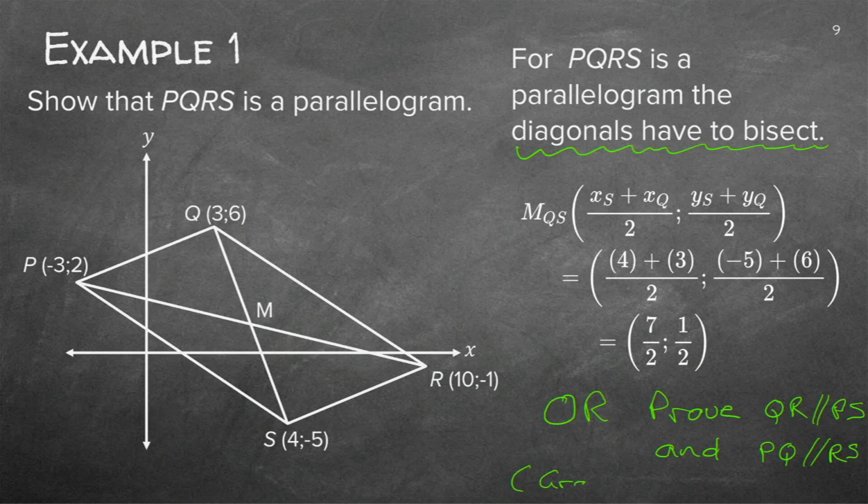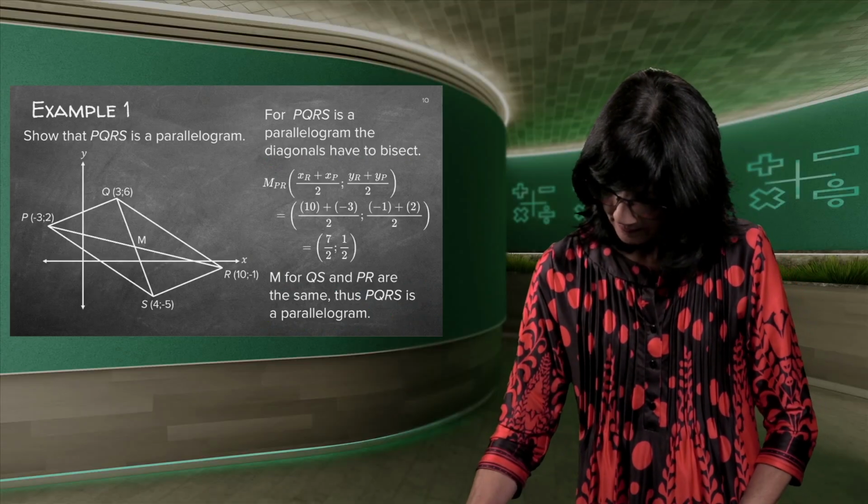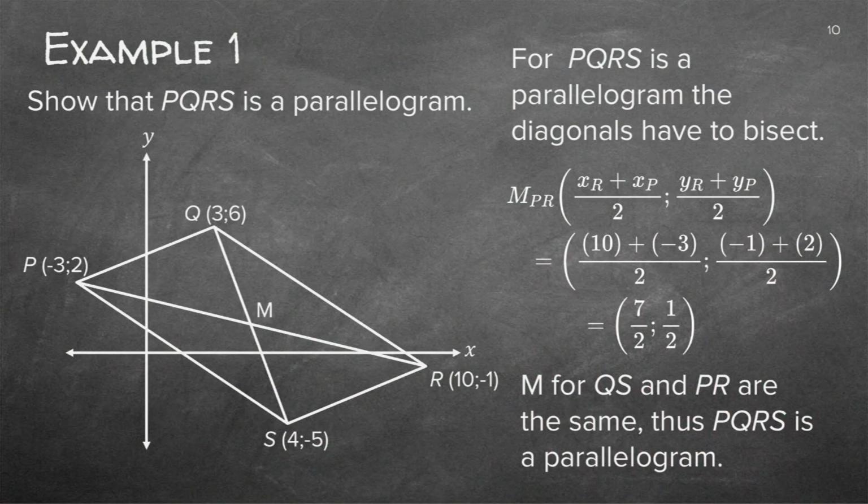And the gradients must be the same. So if you wanted to rather go that way, you could have, but can you see it's a much longer way to do? But as I say, there's always more than one way, and there's the final answer. So you can see we have proven it this way.